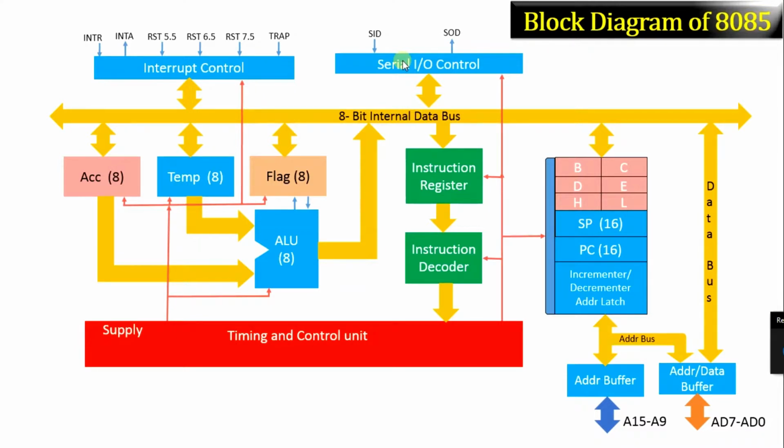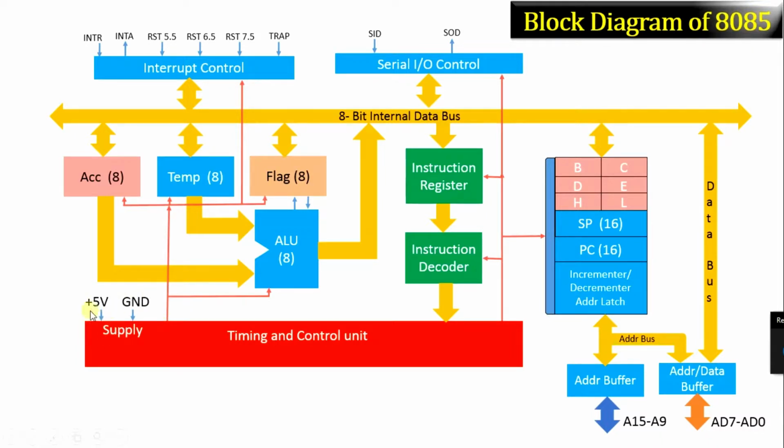Now let us discuss some extra control signals of this IC. This IC is not controlling the inside block only, it should control those devices which are connected to this IC externally too, isn't it? So for that we need some extra signals here. First of all we will talk about the supply pins.